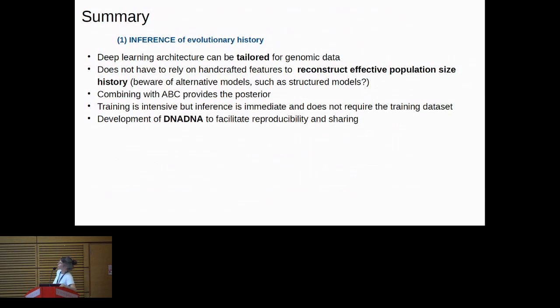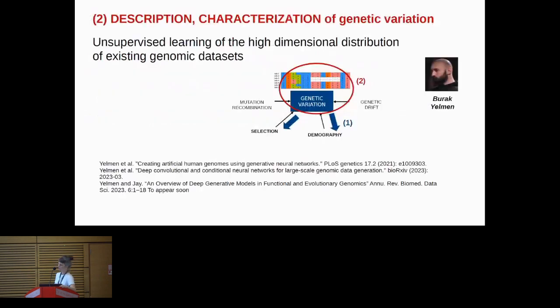And training a neural network is always a bit intensive, but as it's applicable immediately to multiple populations, which is not the case for most ABC techniques, you will have a huge gain in computation time, and we developed the software to help share all of that.